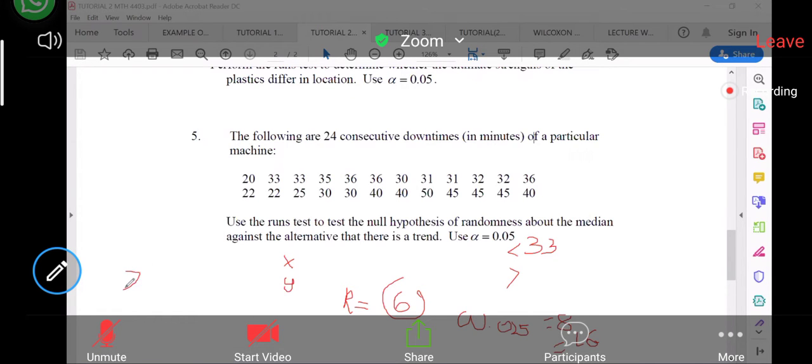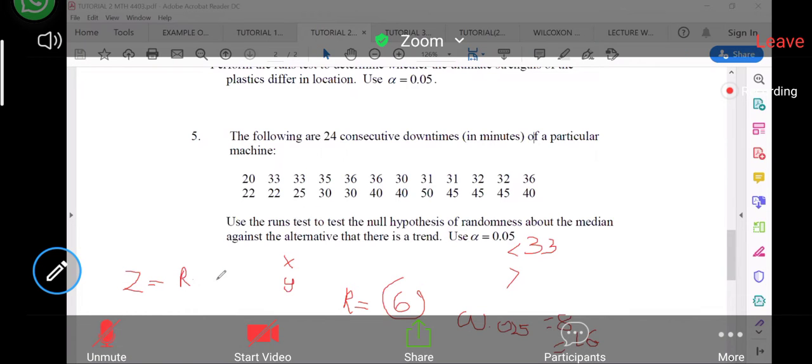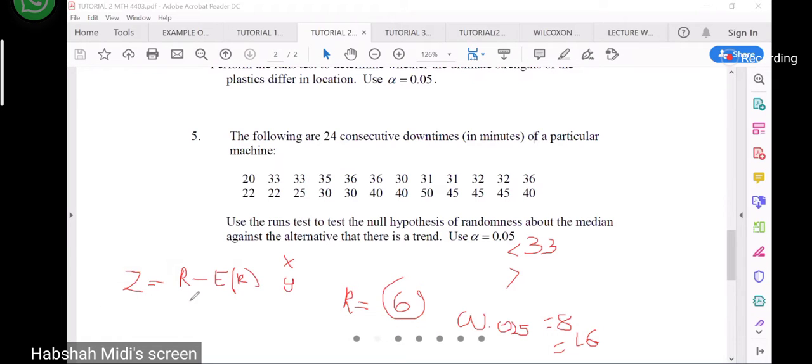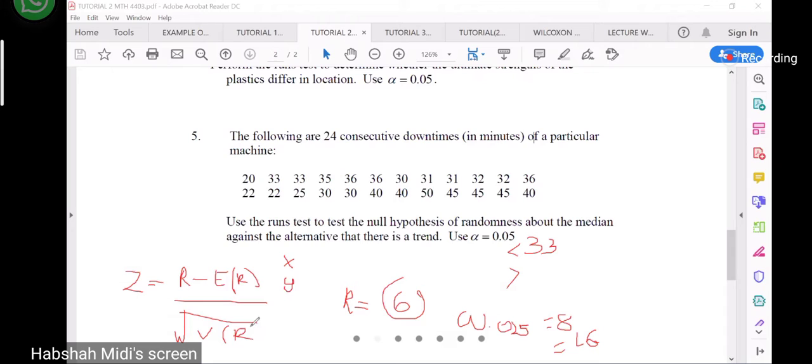Z equals R minus the expected value, E(R), divided by the square root of the variance of R. Once you simplify this, you look at the formula for E(R) and the formula for the variance of R. Then when you simplify, you look at the standard normal table.